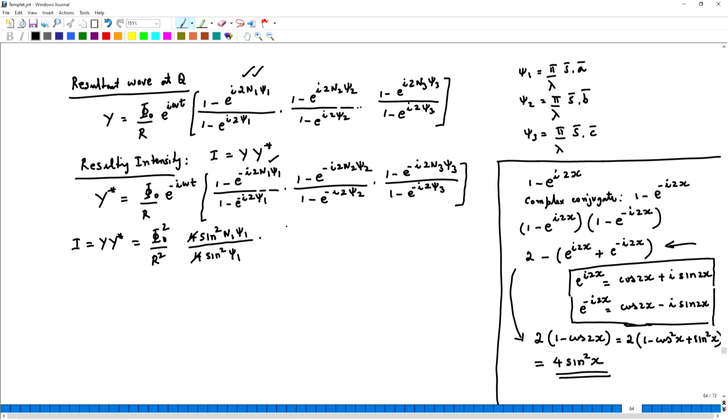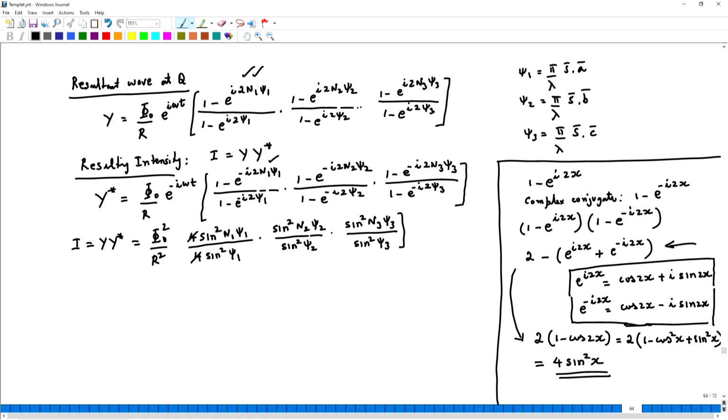Similarly, I can now write the rest, and the second term would become sine square n2 psi 2 divided by sine square psi 2, and the third term would be sine square n3 psi 3 divided by sine square psi 3.